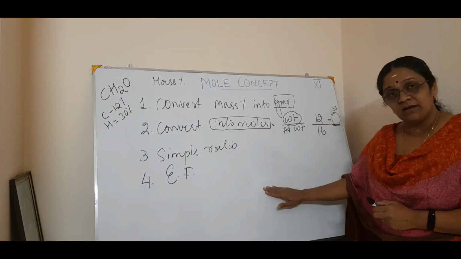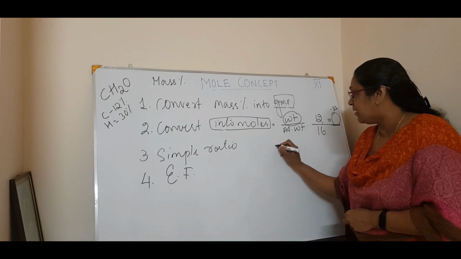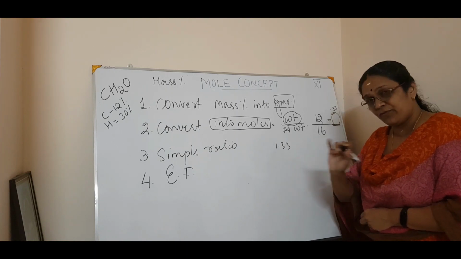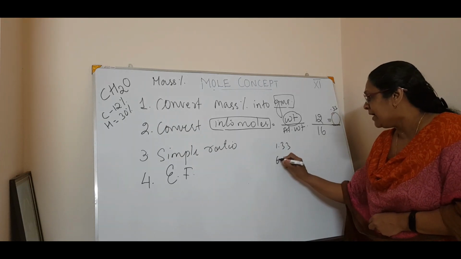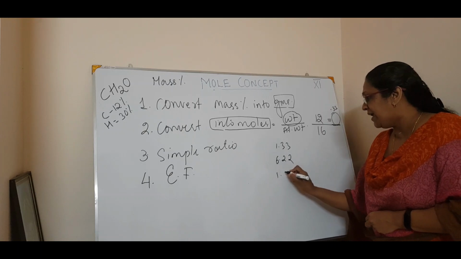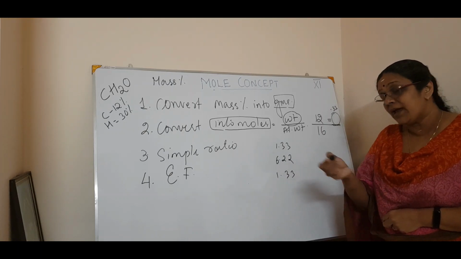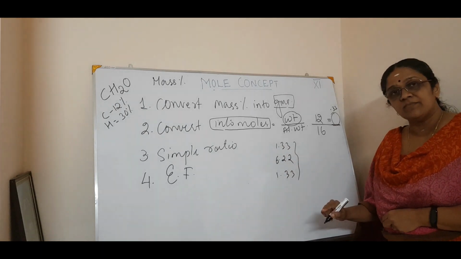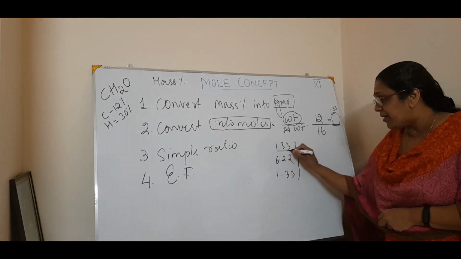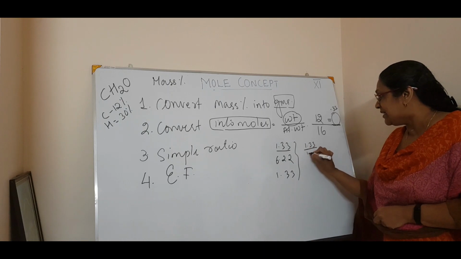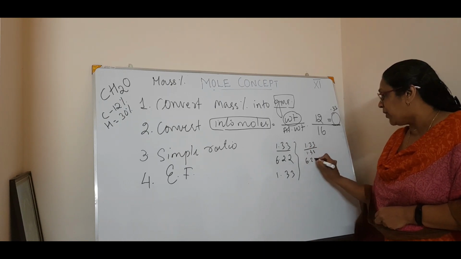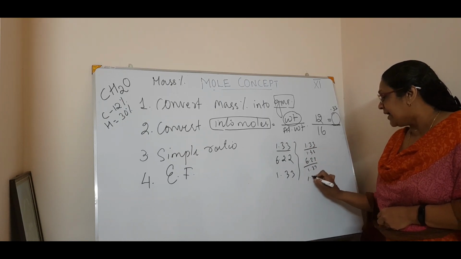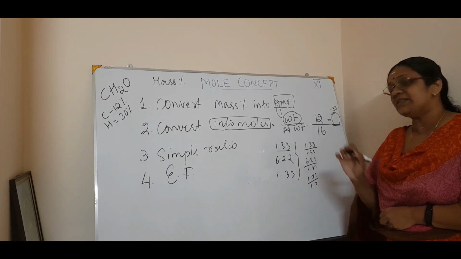Say you get three results, like 1.33, then 6.22, and again 1.33. How will you make a simple ratio? By dividing with the least number. And which is the least number here? 1.33. So 1.33 by 1.33, then 6.22 by 1.33, again 1.33 by 1.33.